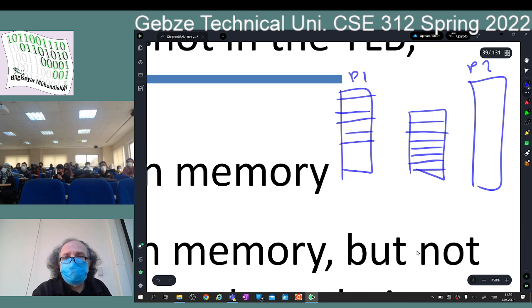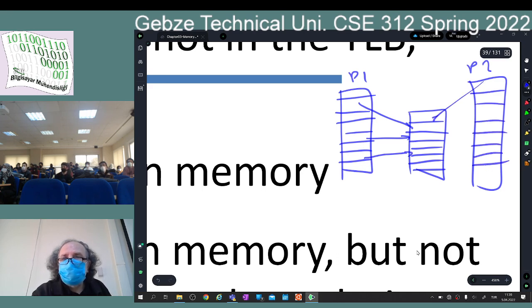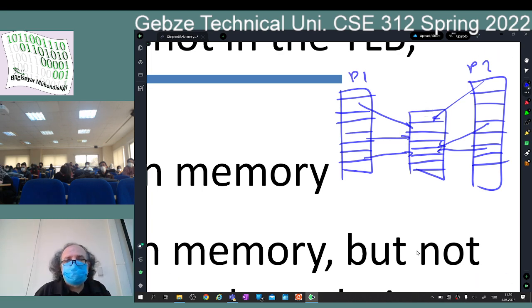So each one is keeping pointers to these areas, and this one is doing the same thing, says here and there, and sometimes they share the same page too, right? So they are sharing the page frames of the main memory between processes.